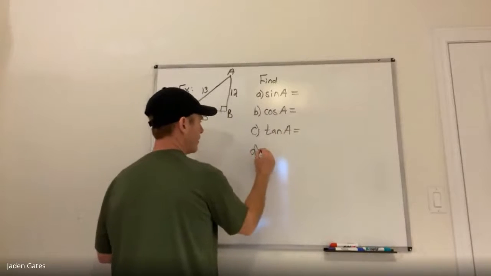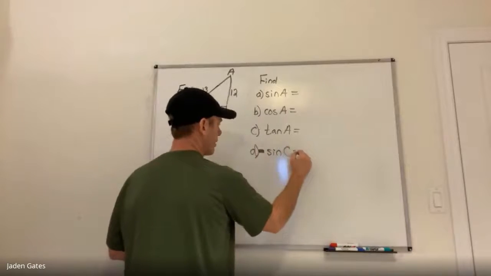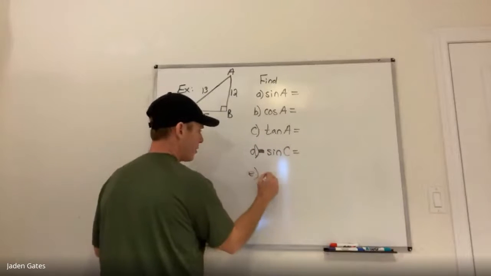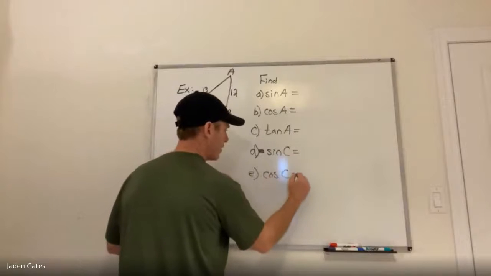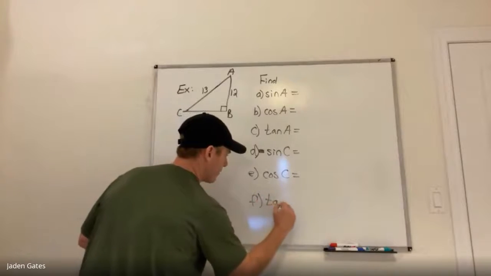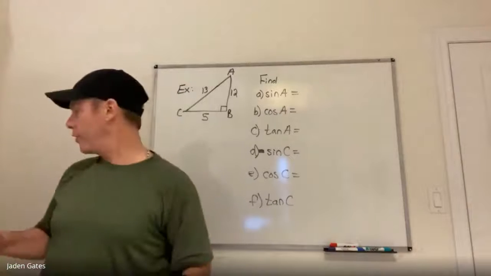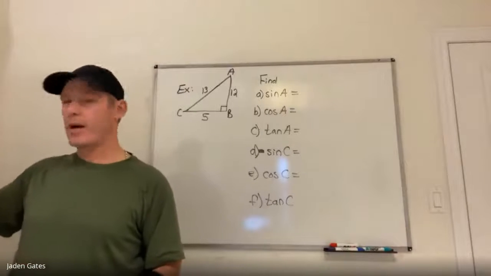D, sine C, E, cos C, and F, tan C. All right, so I'm going to explain what each of those mean and how we're going to find them.